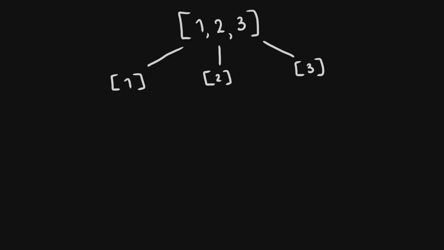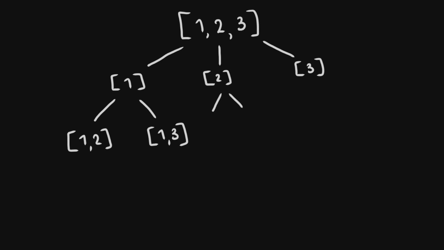We can't use the same number multiple times, otherwise it would not be a permutation. So we have two options here. We can have 1, 2, or we can have 1, 3. And the same thing for the 2 option and the 3 option.